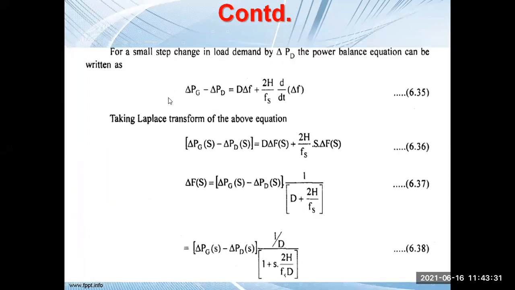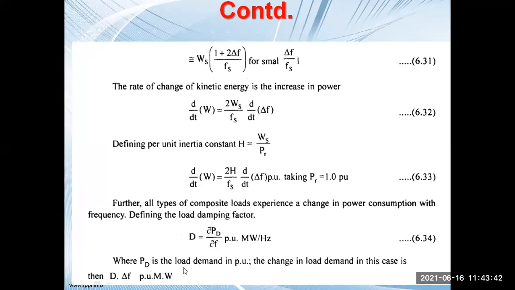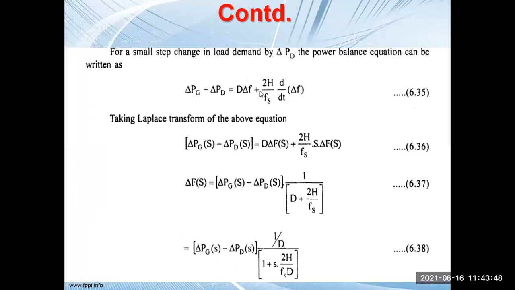Now we have the generation, we have the load. Now the change in generation minus change in load will be accounted in two ways. First is the differential change of load, that is delta PD, plus the rate of change of the stored kinetic energy.